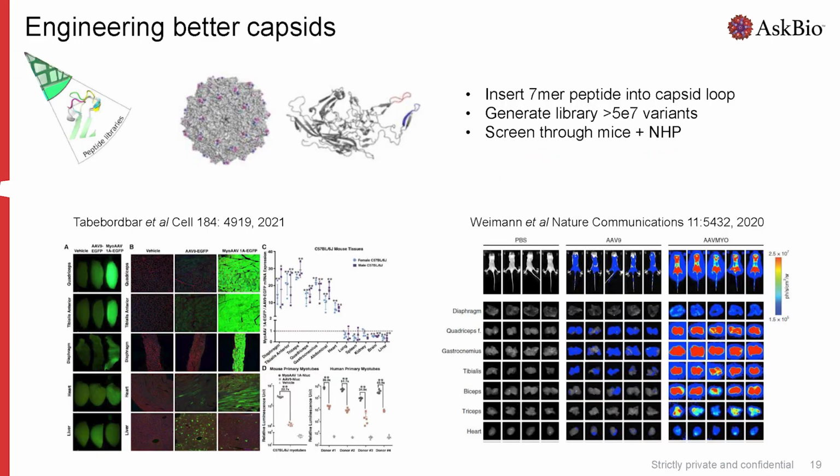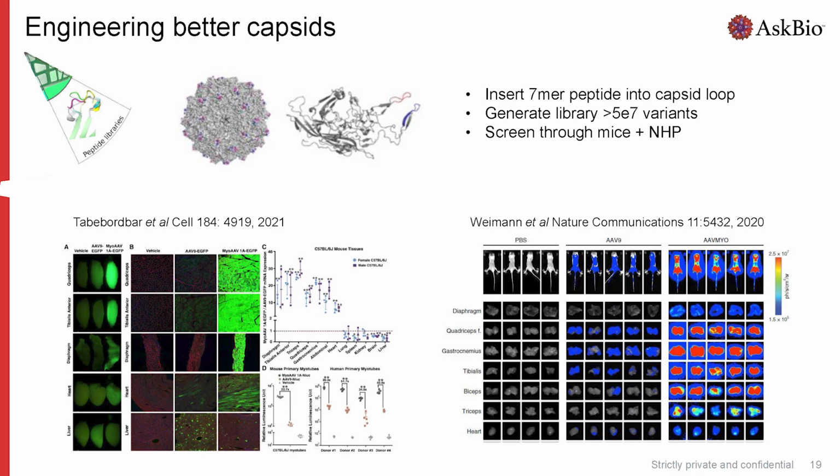The other method of capsid engineering that is heavily used is peptide display. What we do here is identify a region on the capsid that can accept peptide insertions, and we can then generate a library of these.